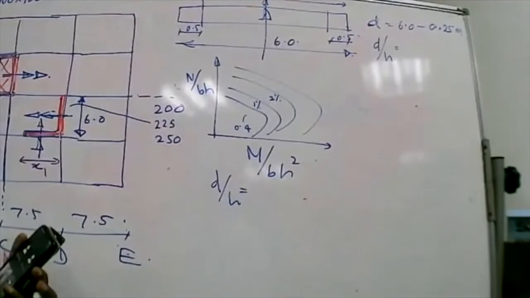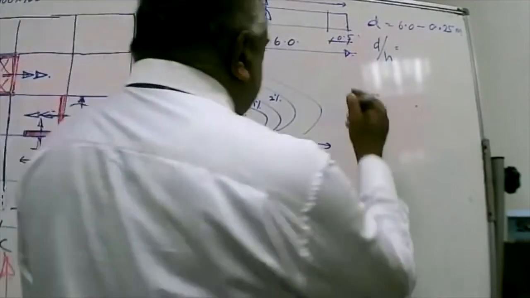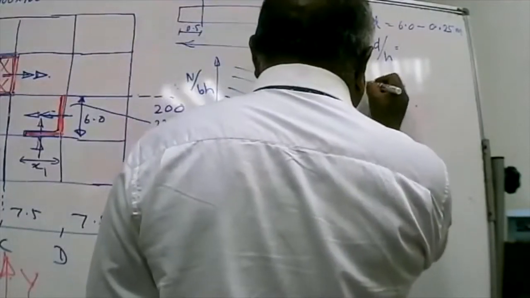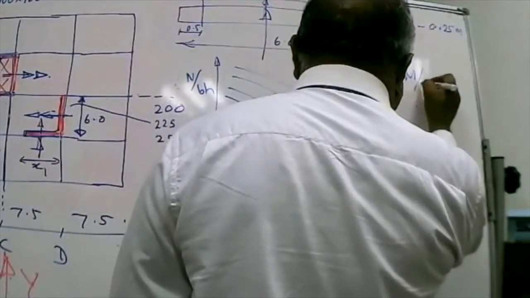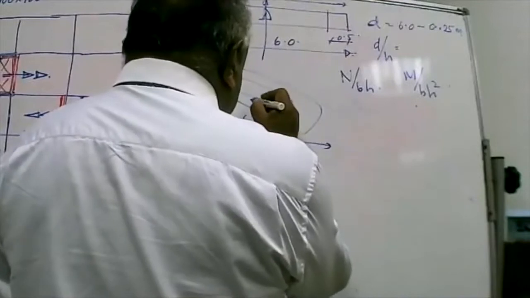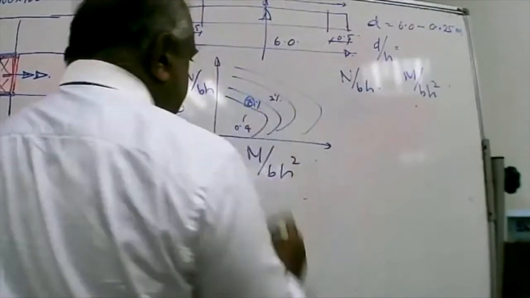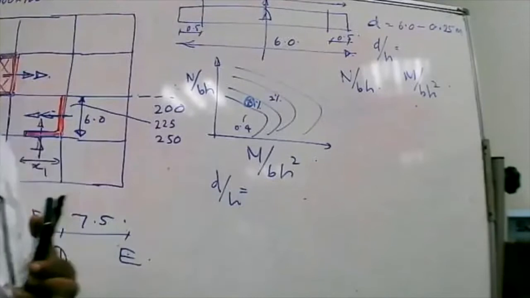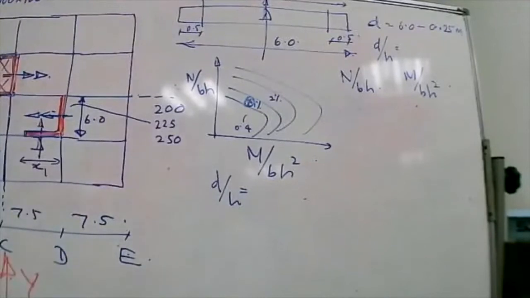So based on this, we calculate N over BH, M over BH squared, and then we select a point on the appropriate column interaction chart. And then we say, we are going to provide that amount of reinforcement. And where do you have to provide that reinforcement? That is at the bottom.